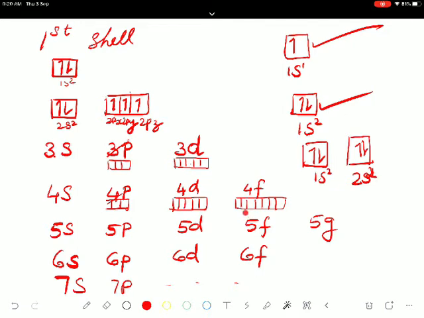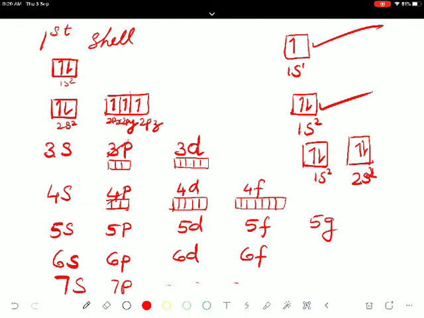So if there are degenerate orbitals, then according to Hund's rule of maximum multiplicity, the orbitals are filled first singly. Pairing does not take place until the orbitals of same energy are singly occupied. Okay, so nitrogen is over.